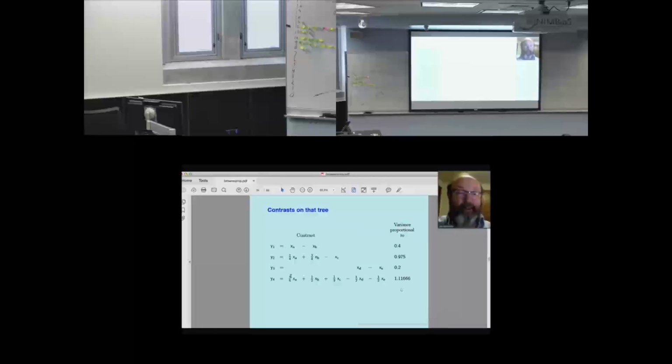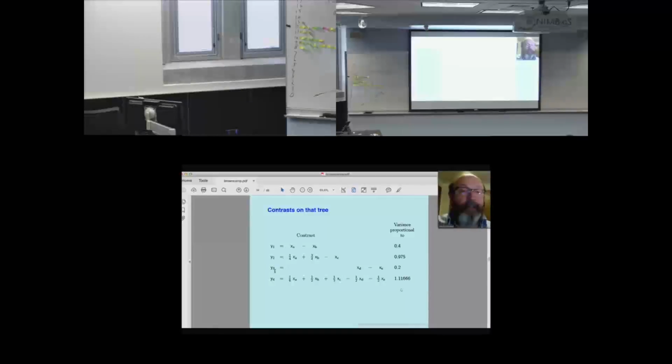And finally, when you removed all 3 different contrasts and you're down to a 2-species tree, you have a weighted average of A, B, and C minus a weighted average of D and E. And you can calculate what the variance of that is. So it's possible, when there's a tree, to get these contrasts by this process of differences and then replacing those 2 tips by a weighted average. Now you have a smaller tree, and you just repeat the process.